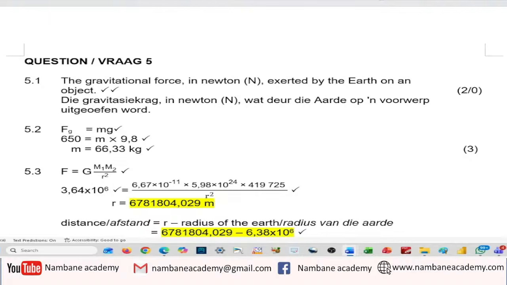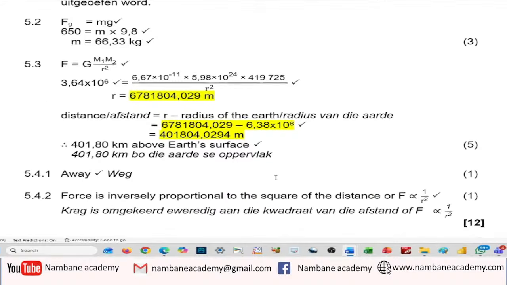Then 5.3: 1 mark for the correct formula, 1 mark for substitution of the force, and 1 mark for correct substitution on the right-hand side. That is 6,67 times 10 to the power negative 11 multiplied by 5,98 times 10 to the power 24 multiplied by 419,725 over r squared. The whole thing, 1 mark. Then the subtraction of the radius of the Earth from the value the learner will have got, that subtraction, 1 mark.